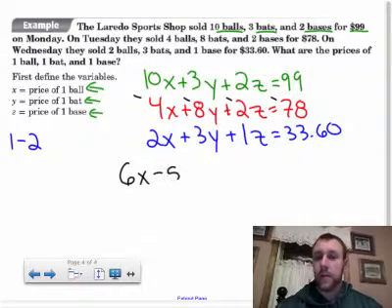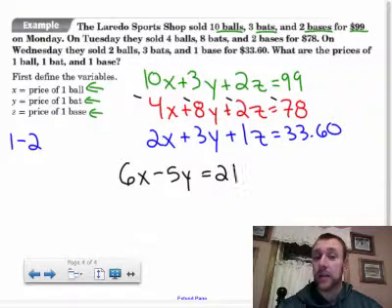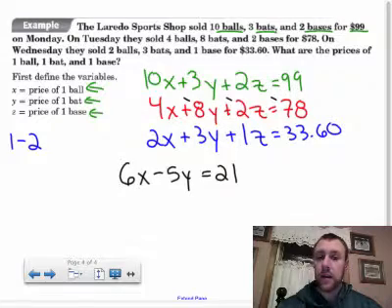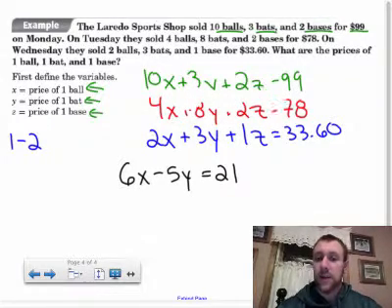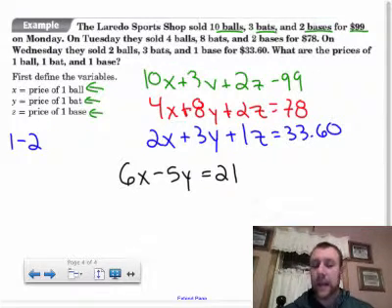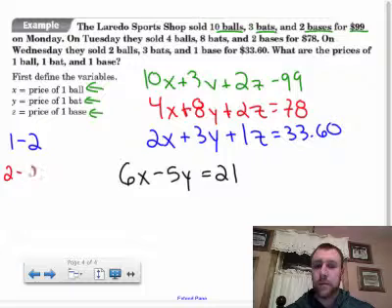The trick comes with the third equation. Again, I want to eliminate the z. So I'm going to take that third equation and multiply it by negative 2, because that is going to make a negative 2z, and then I can add those together and cancel out. So I'm going to multiply everything by negative 2 and create a new equation.